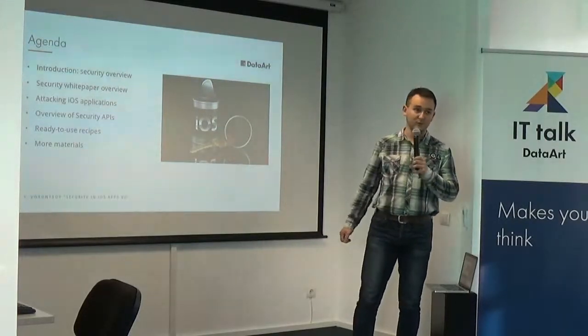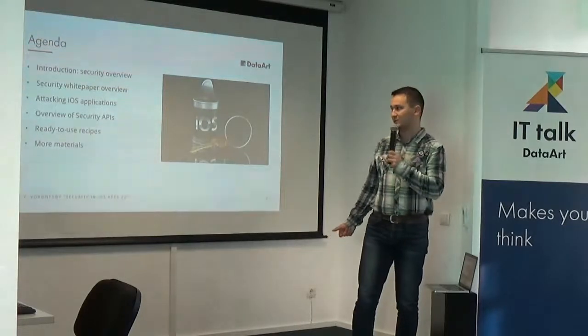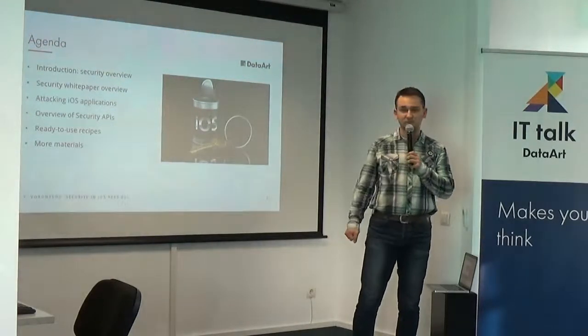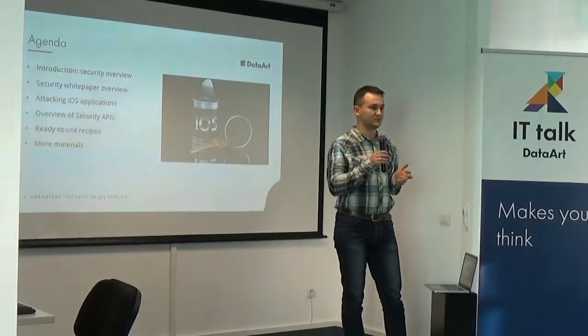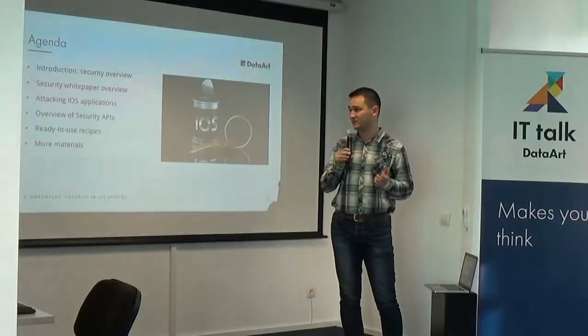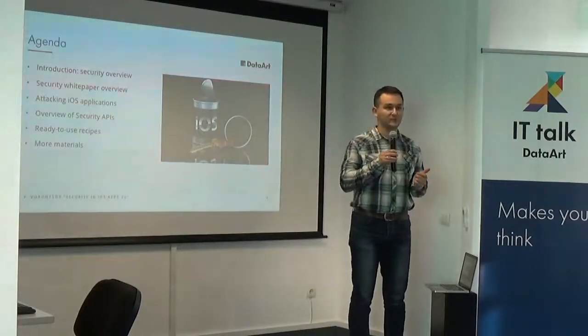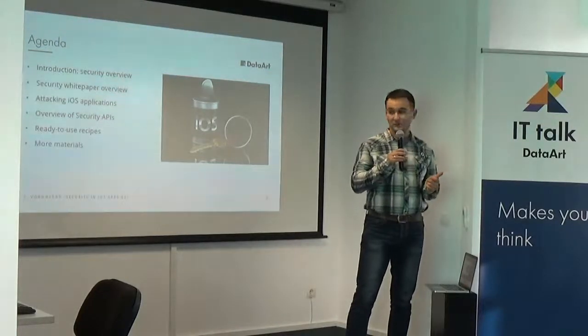Then we will overview the security APIs which help us prevent such intervention. And then I will give you some practical examples, so-called ready-to-use recipes, on how to protect particular pieces of data on your phones. The final part of my presentation will be the materials and links. So let's start.